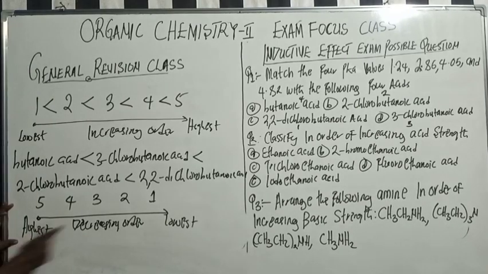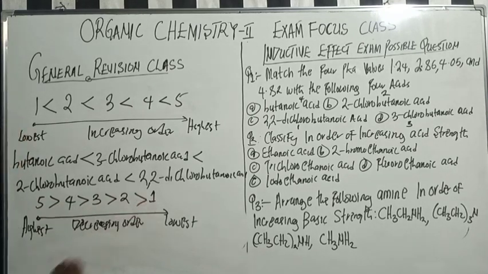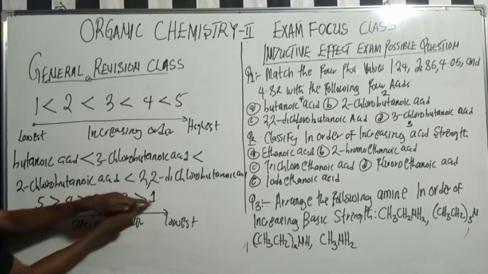If they ask you to arrange it in decreasing order, then we start from the highest. The highest was 2,2-dichloro, and we use the greater than sign. So 5 is greater than 4, 4 is greater than 3, 3 is greater than 2, 2 is greater than 1.